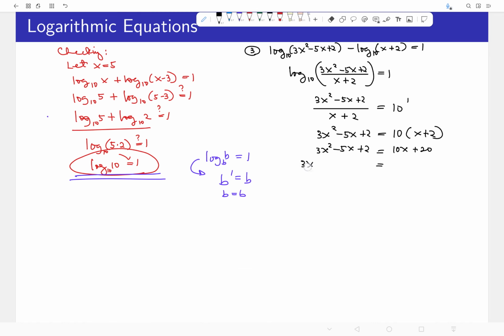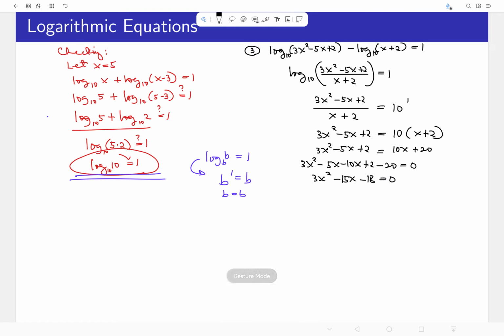So 3x squared, this becomes negative 5x minus 10x plus 2 minus 20. That's equal to 0. Simplify. 3x squared minus 15x minus 18.